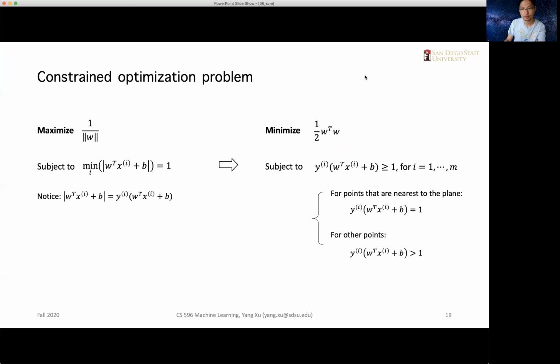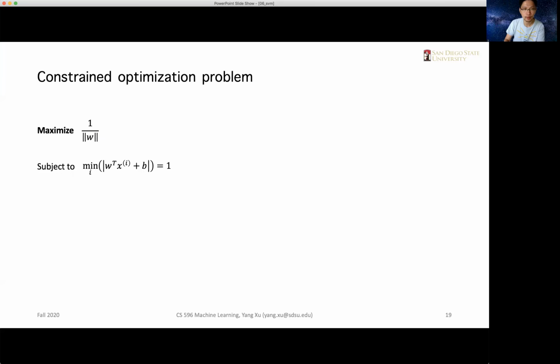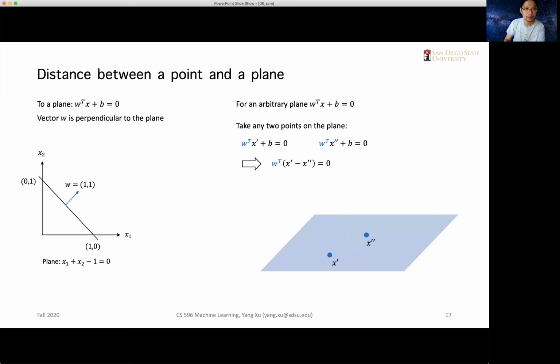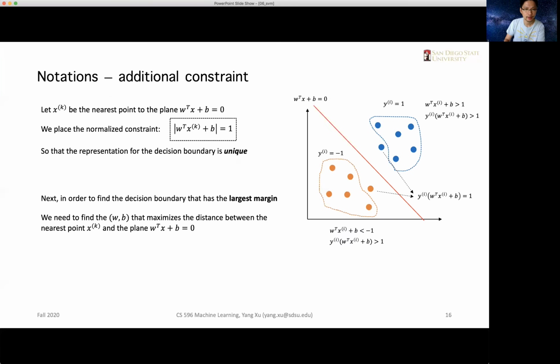Okay, so this will be something that we'll cover in the next lecture. I think these few slides, from number 16 to number 18, are the way we defined the distance between the nearest point and the plane.